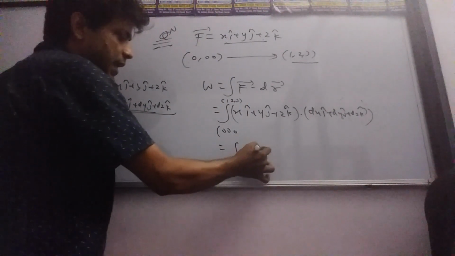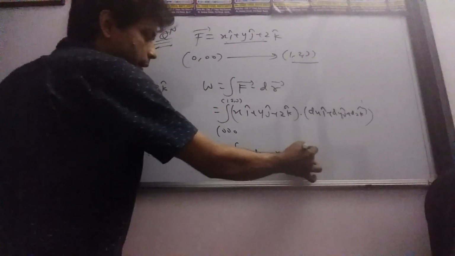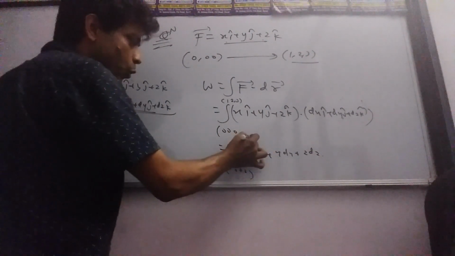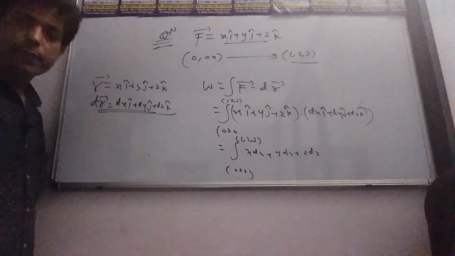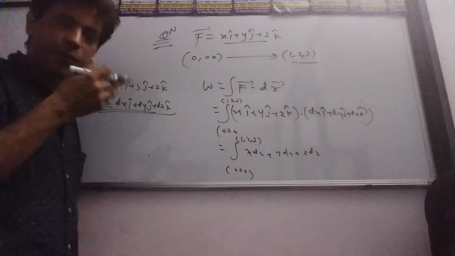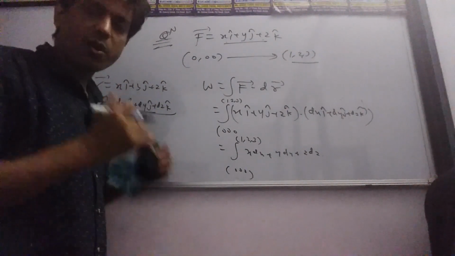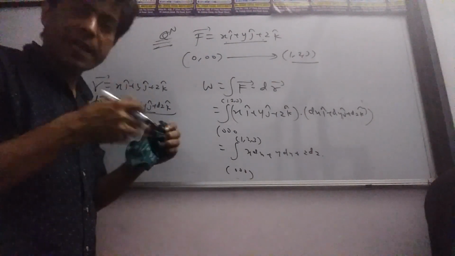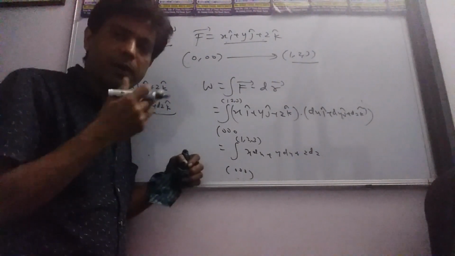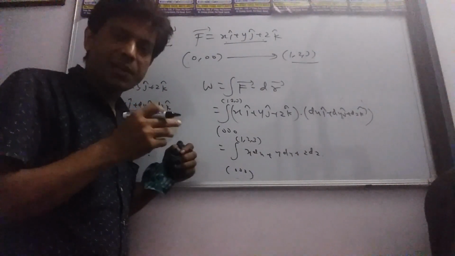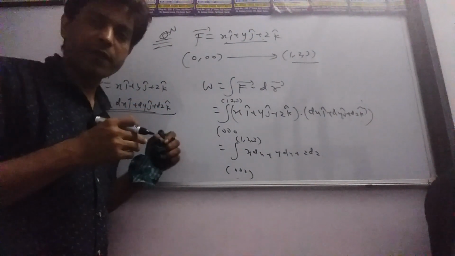Now x dx plus y dy plus z dz from 0, 0, 0 to 1, 2, 3. So dear friends, actually the purpose of this program is to get confidence. Whenever you are dealing with any subject, physics, chemistry, math or bio, you should have the ability to crack the problems with confidence, right?